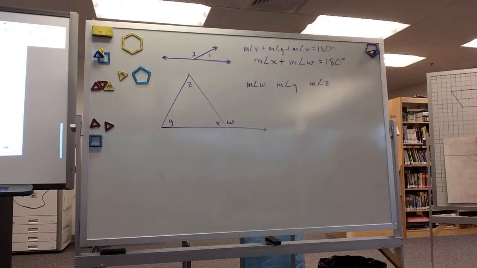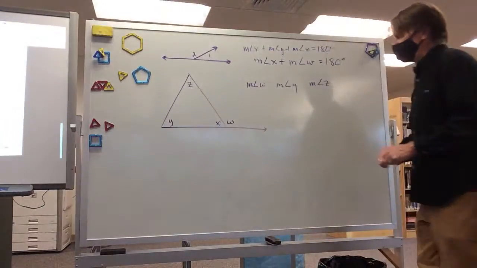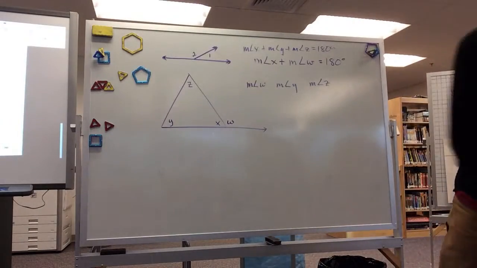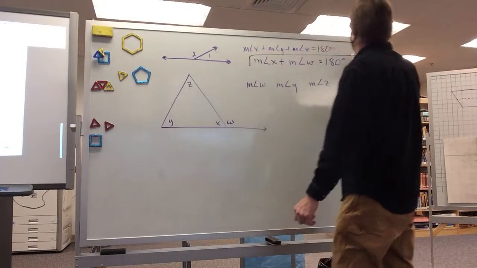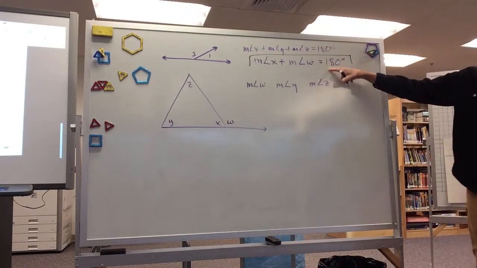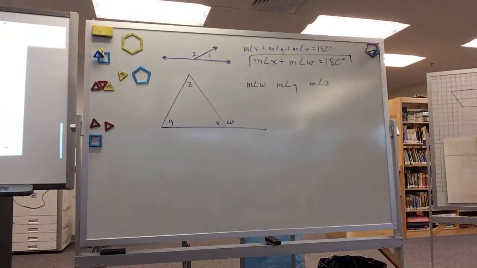And one of the procedures that I've worked with you on is the idea that this relationship here may be written in more than one way. That's one way to write it. But we can change how it's written and it still says the same thing, or at least there is the same relationship present.